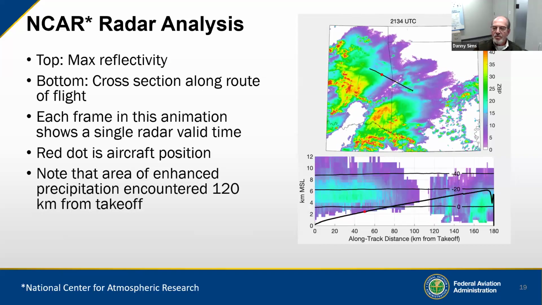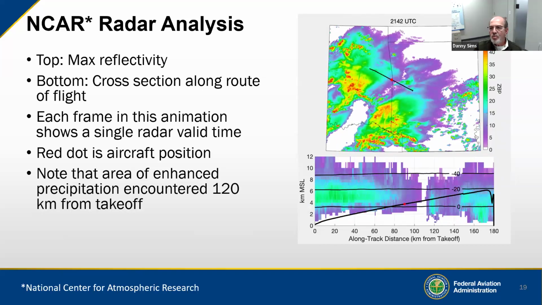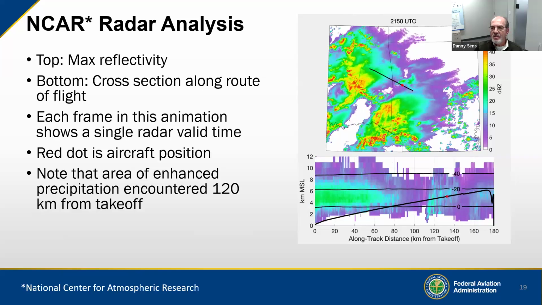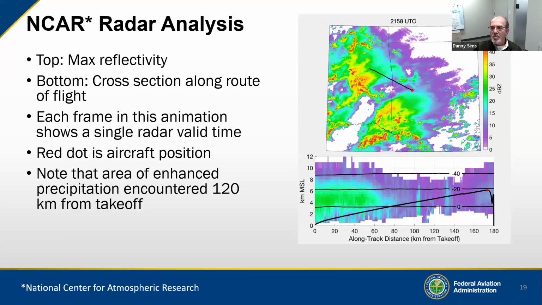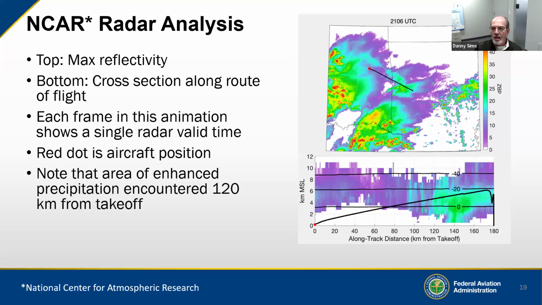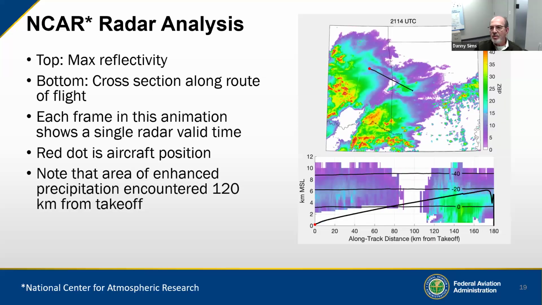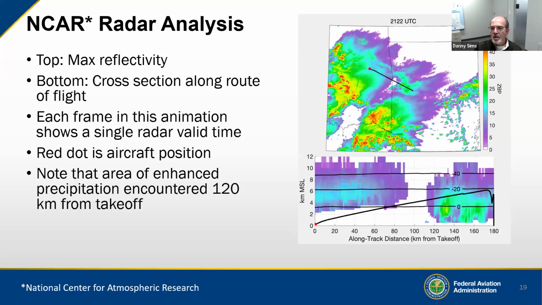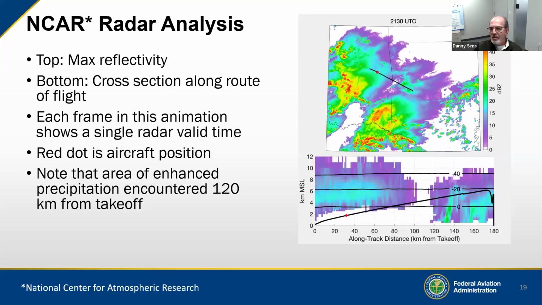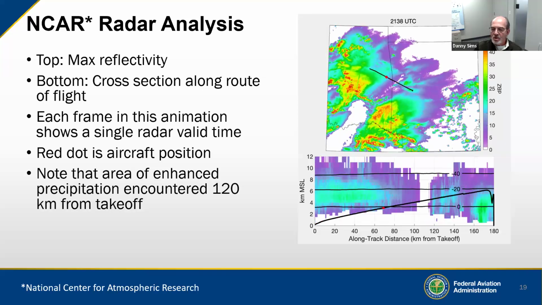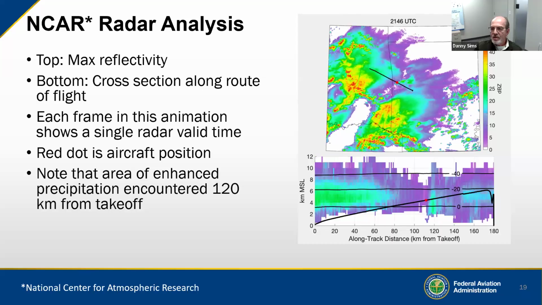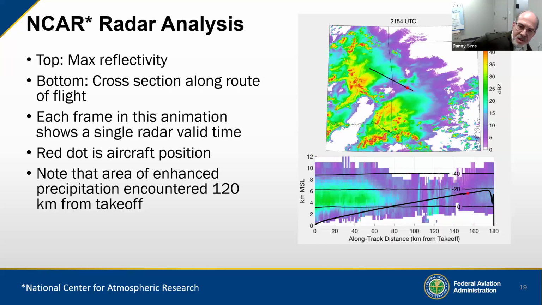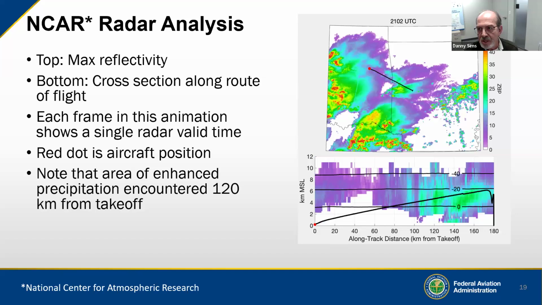I'm going to let this run through a few times, but on the top right is the maximum reflectivity. Looking down, the black line is the flight path, the red dot is the position of the aircraft as we go through in time. The bottom right is a vertical cross section along the route of flight that's looking at the reflectivity in this vertical cross section.